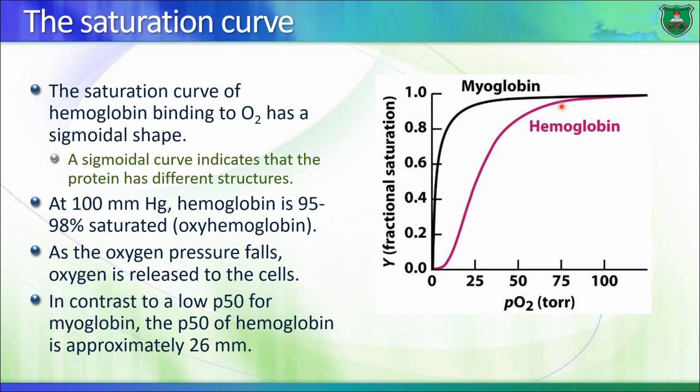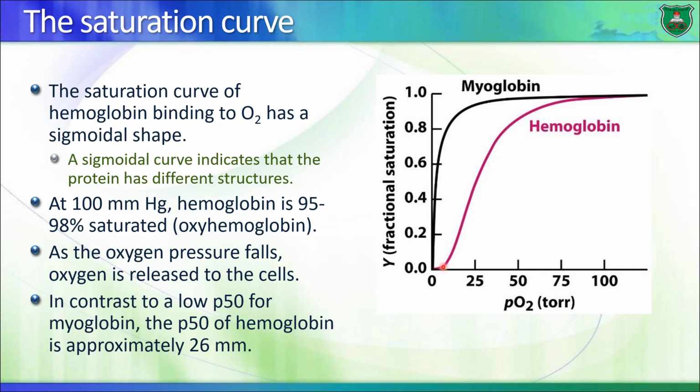And that makes sense. So now in lungs, where the oxygen pressure is high, hemoglobin binds very efficiently to oxygen because it has high affinity. But at low pressure, when hemoglobin reaches tissues, it has low affinity towards oxygen and oxygen is released.